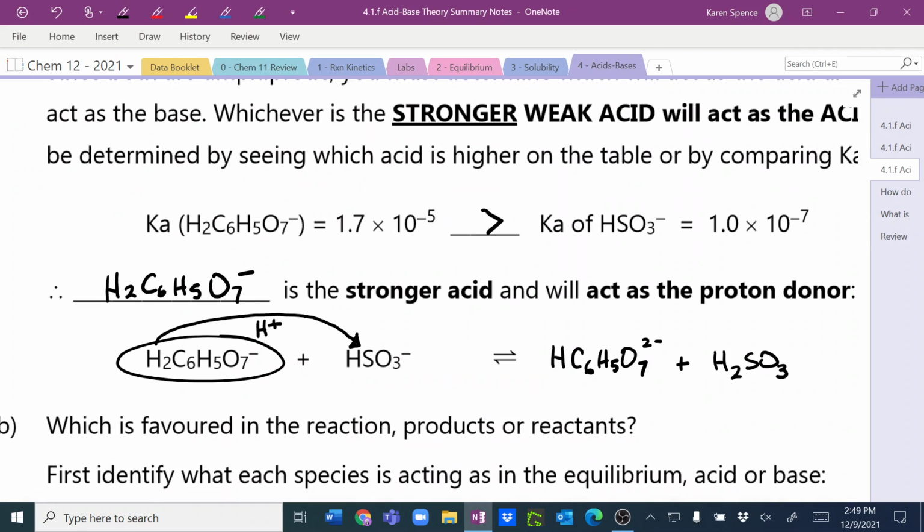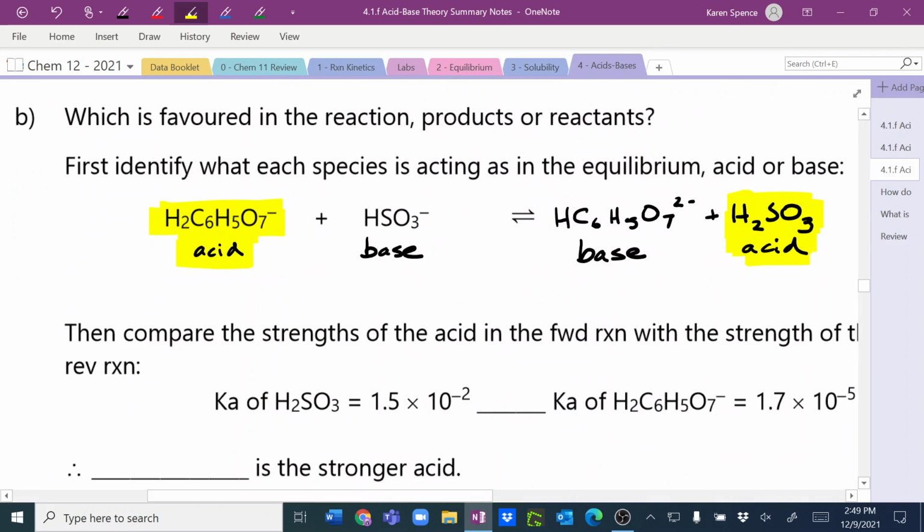Once you know who's acting as the acid and who's acting as the base, then you need to compare the acid in the reactants with the acid in the products. The biggest mistake people make is they'll still try to compare these two instead of comparing this with that one, okay? So just make sure you do that.